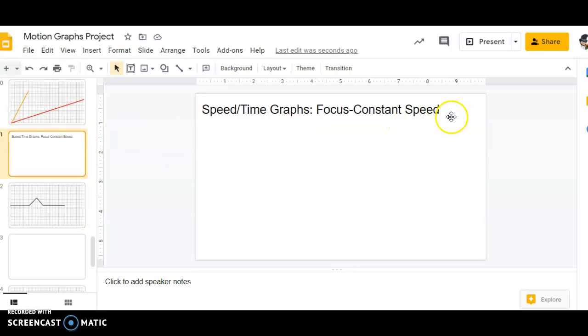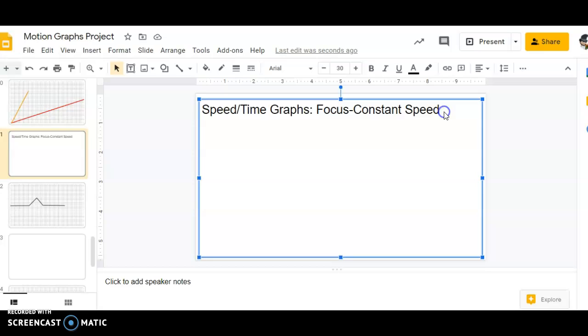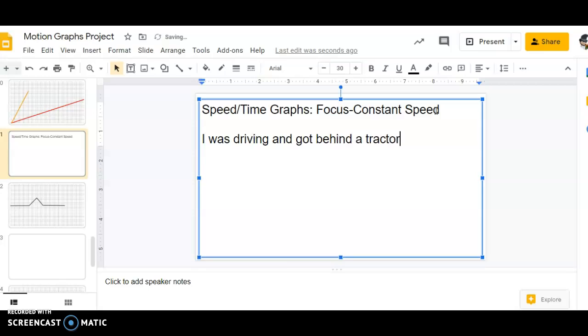So you put your story in. If I can, there we go, Mr. B. I was driving and got behind, let's say, a tractor this time. My goodness gracious, I sped up to go around the tractor.